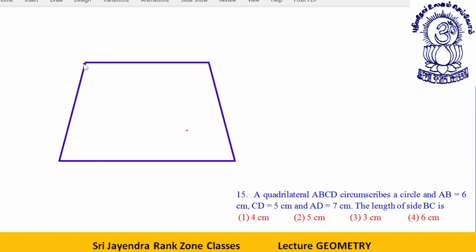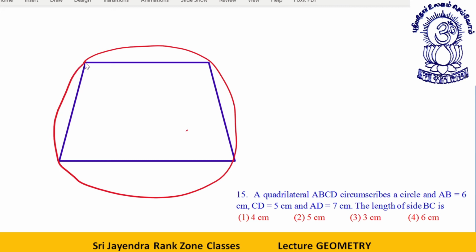Now what I do, I'll draw a circle. A, B, C, D. The quadrilateral circumscribes a circle. AB is equal to 6, CD is equal to 5, AD is equal to 7.